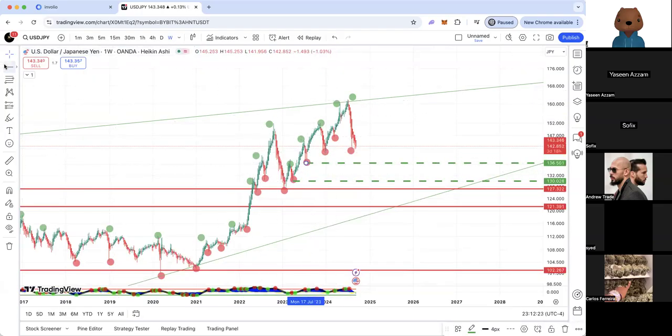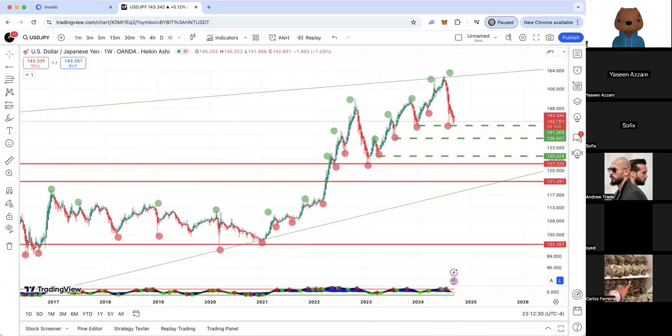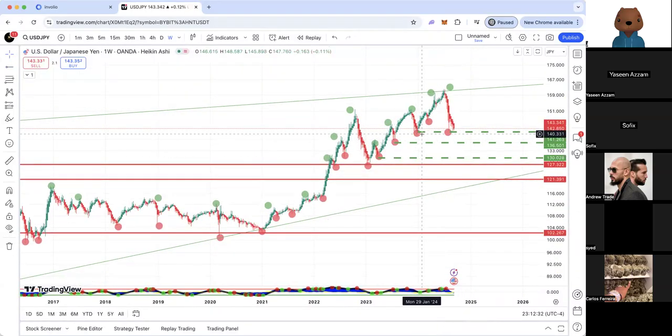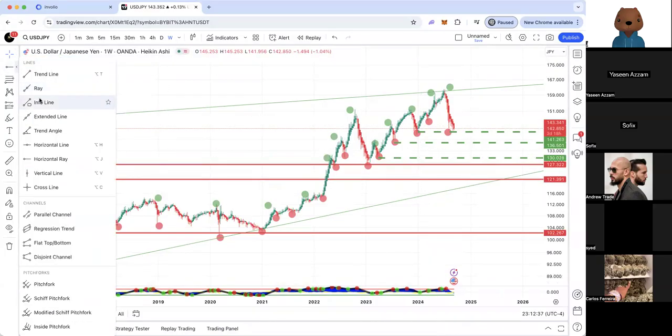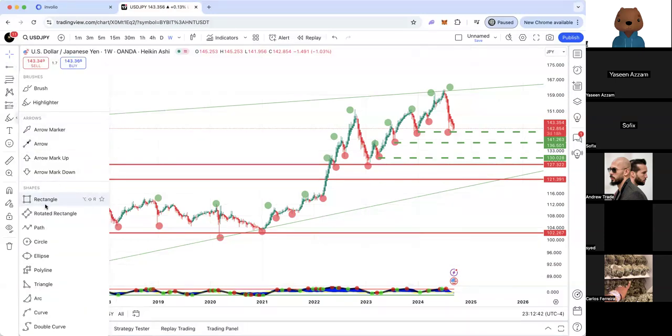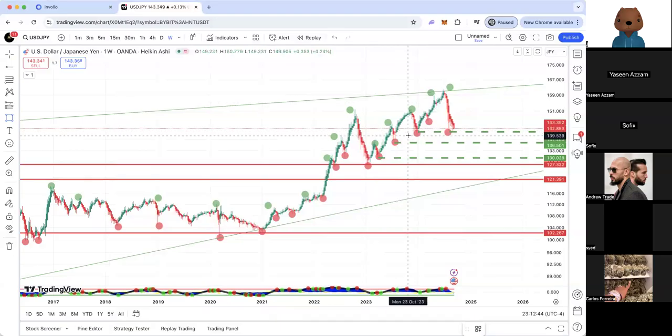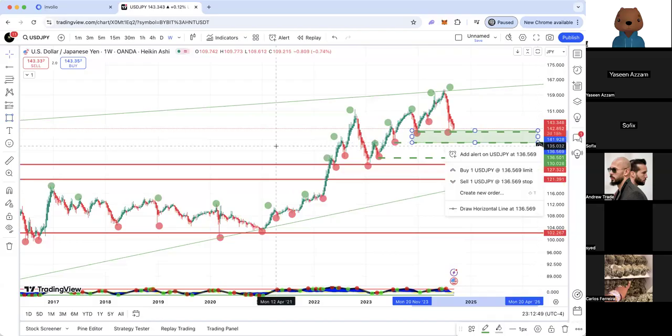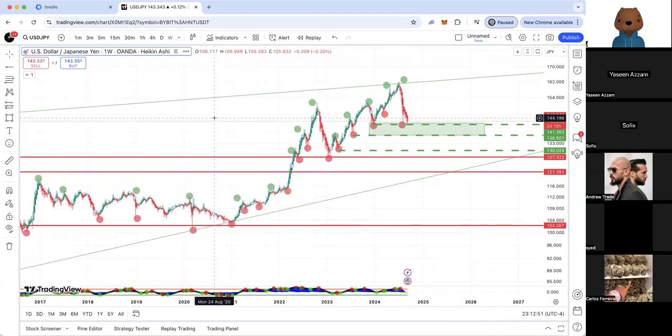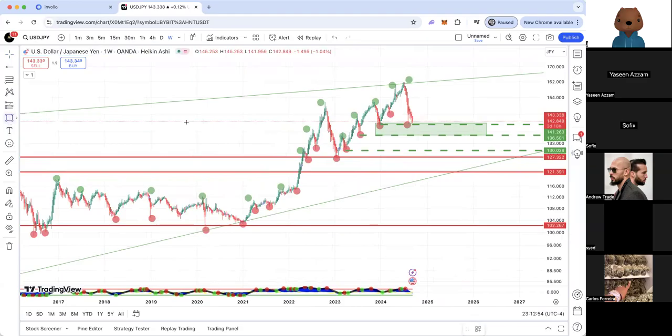So this is usually what I do when I want to trade a pair that I've never traded before, that I don't really know what's going on. So I put potential zones, and these potential zones can actually be marked by boxes. So this right here can be one box, you see, and this right here can be one box.